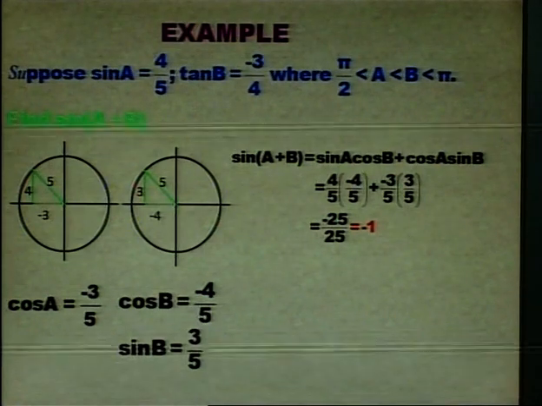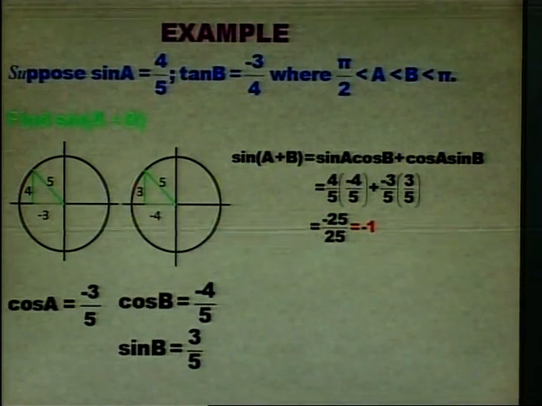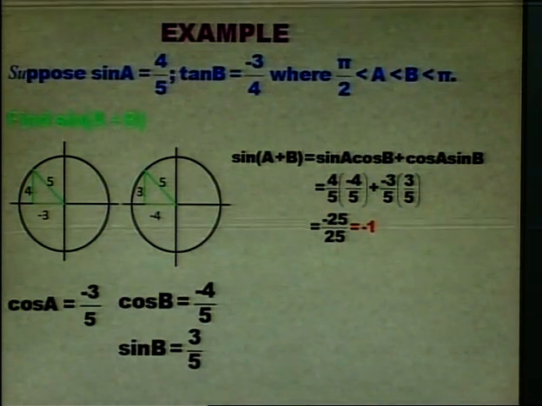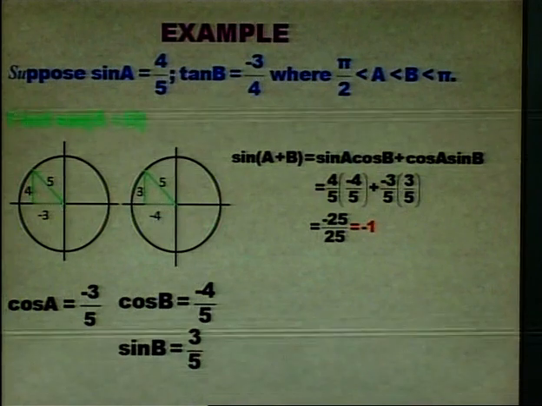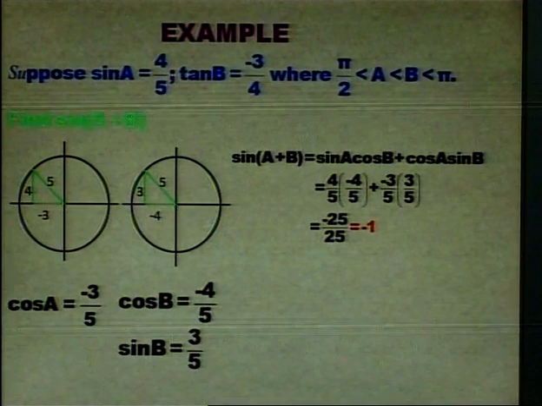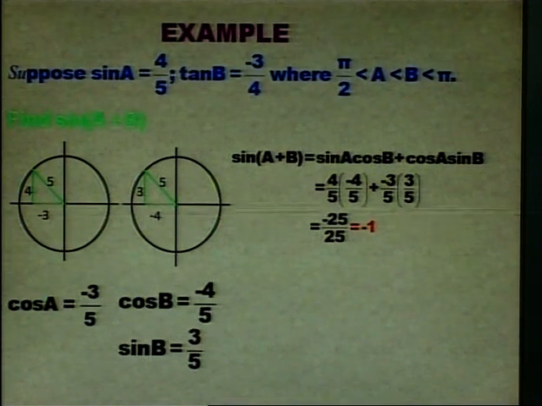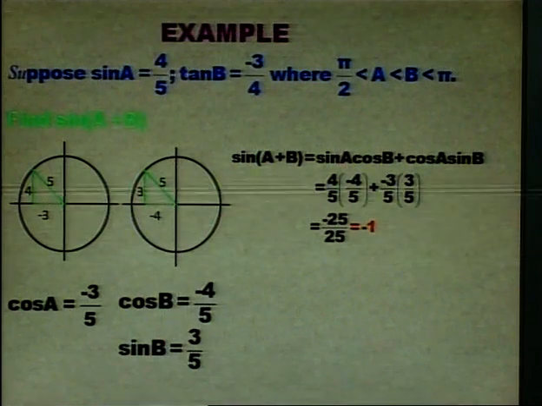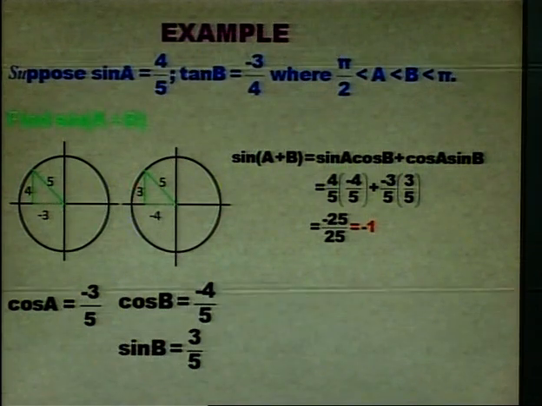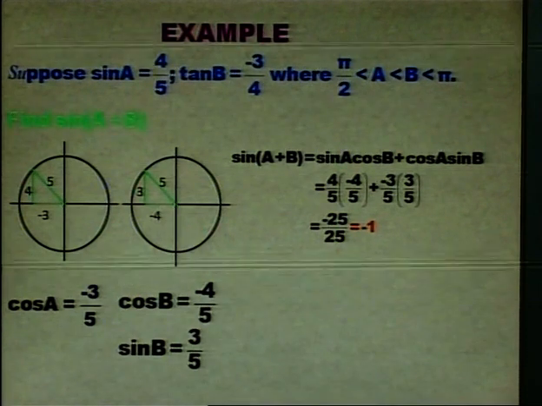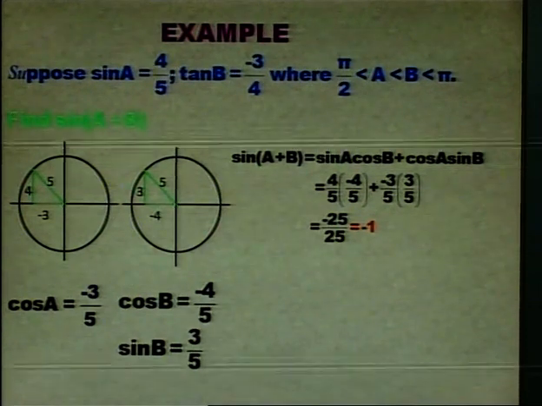So, again I gave the stress upon one thing, that the choice of A and B, where it is given like this, that will determine ultimately the sign of the corresponding values of sin A, cos A, sin B, cos B, etc. So, you have to be very careful regarding finding out the values of these expressions.